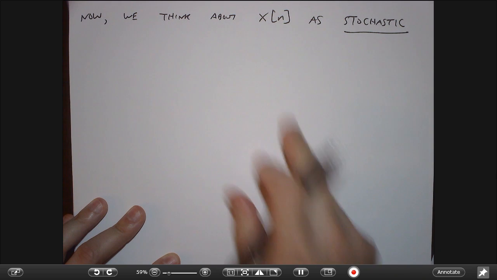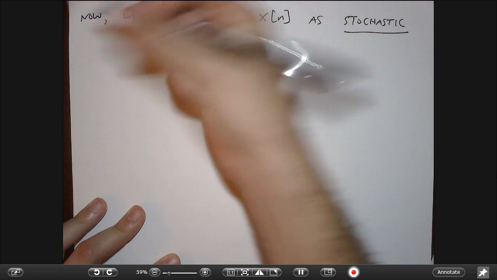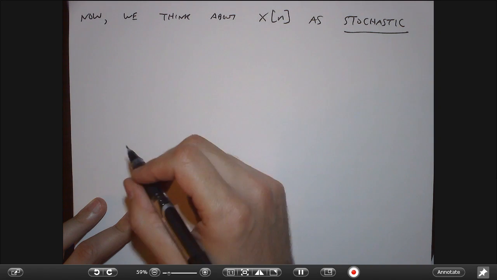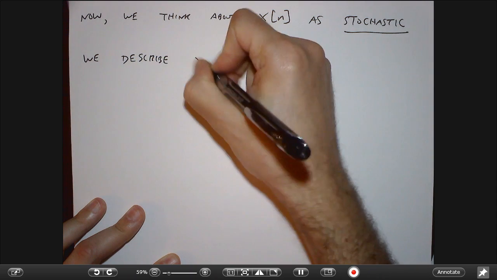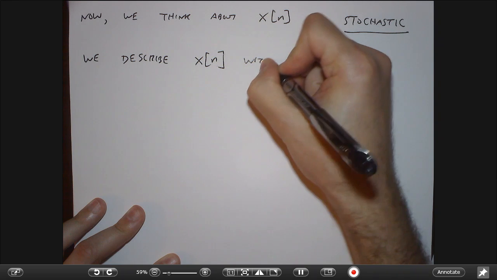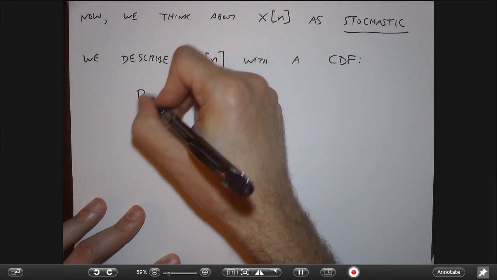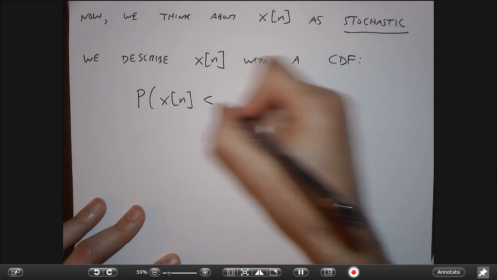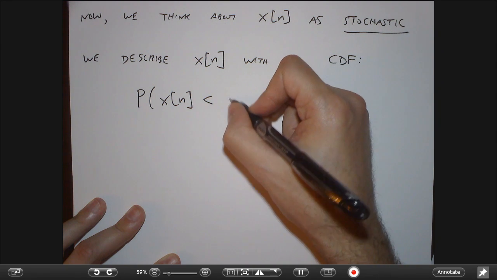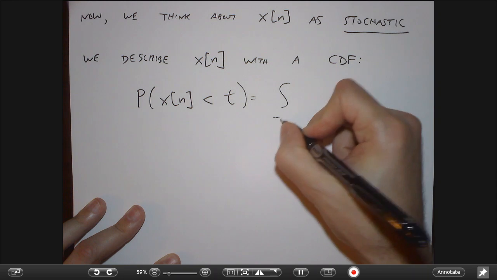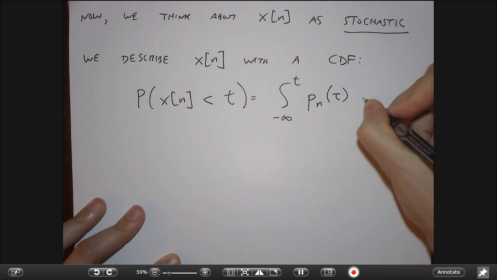And so instead of assuming that we know the exact value of x of n at any given time, we basically have a CDF or a PDF on x of n. So we describe each value of x of n with, for example, a cumulative distribution function: the probability that x of n is less than some value t is equal to an integral like this, where I have some probability density function, right?